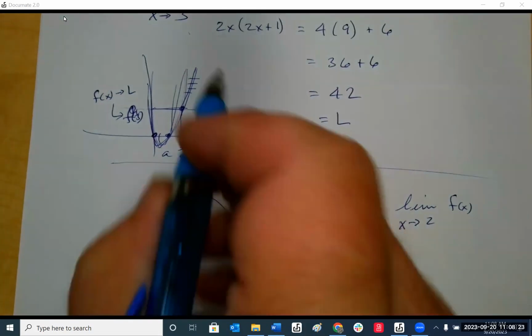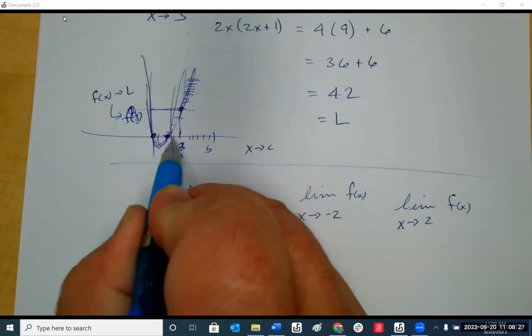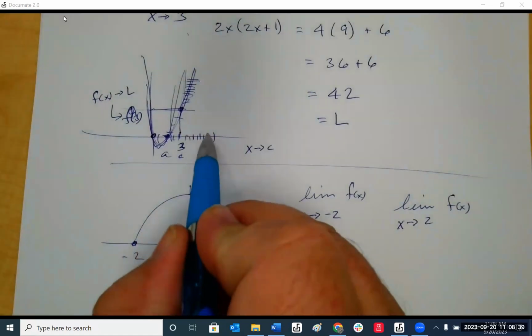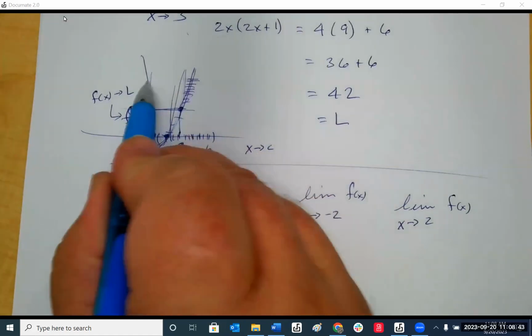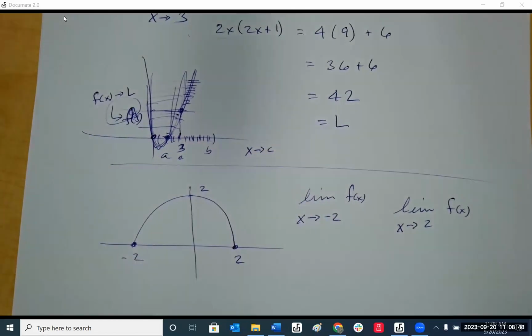We always do it this way, and we do it from this way. Those are called two-sided limits. They have to both approach from both directions, and they have to approach the same number. So as our x's get closer to 3 from both sides, our y values get closer to L, the limit.